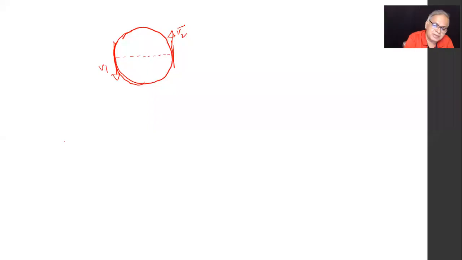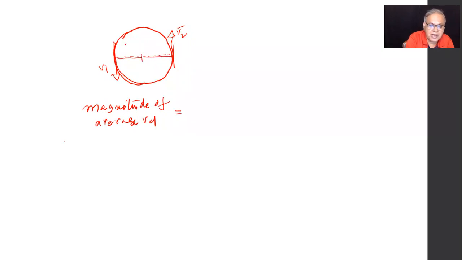So, the magnitude of average velocity, if you write it. I'm not writing the vector here; that's the reason I'm writing magnitude of average velocity. Displacement, how much?